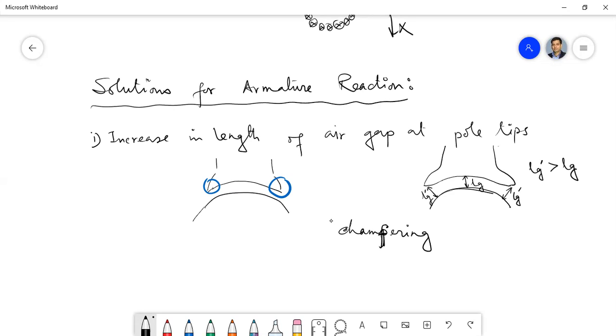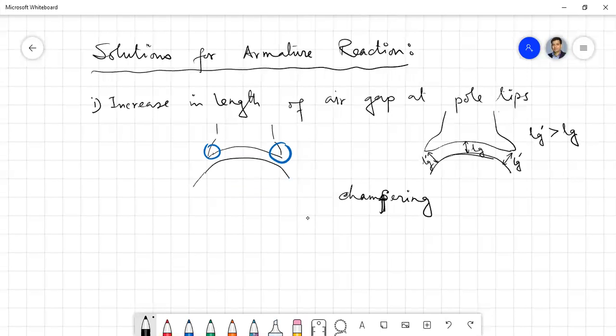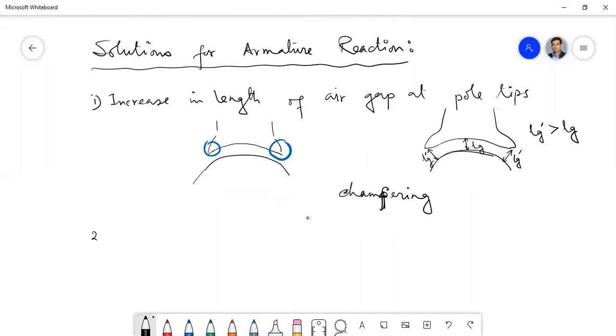Now, what will be the benefit of that? Do you have any point? What will be the benefit of this?